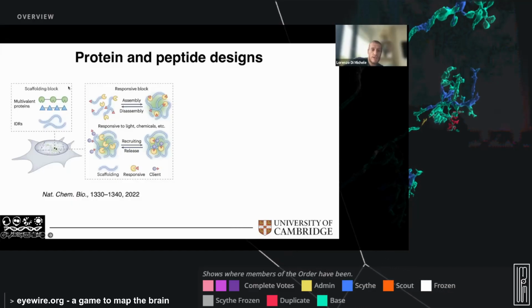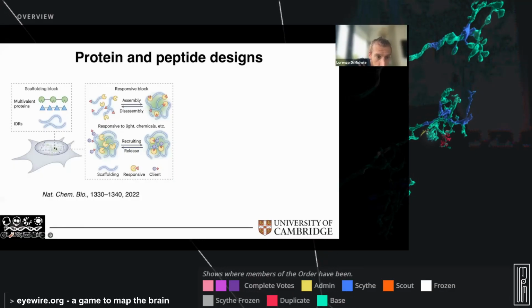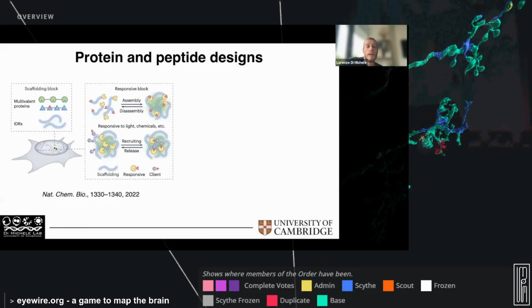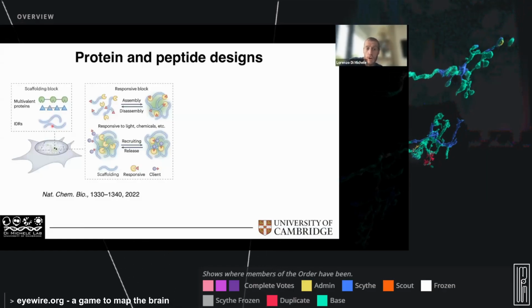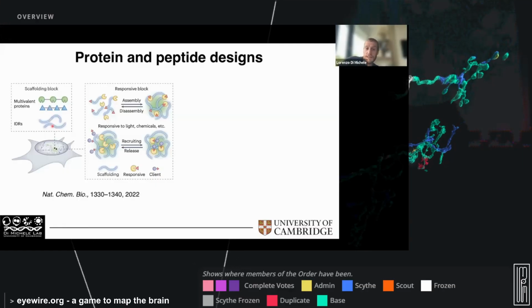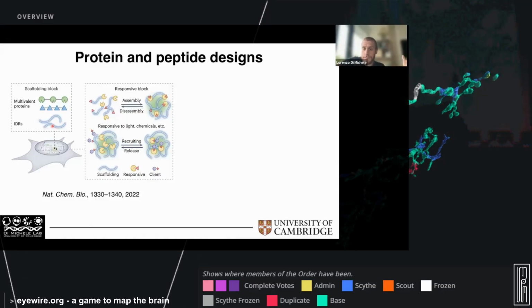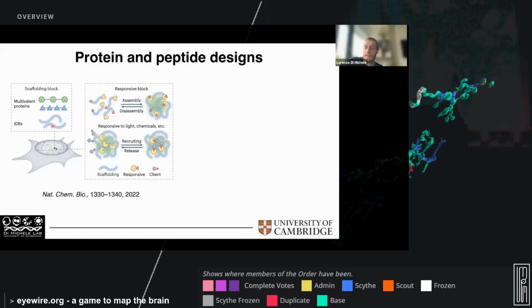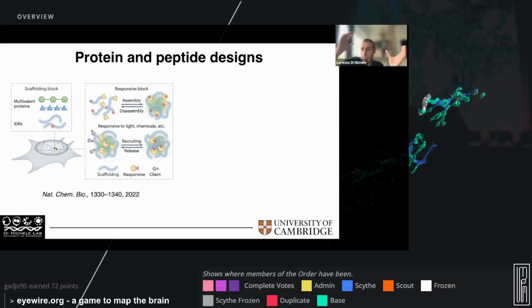The way in which you can achieve this, let me get a laser pointer here, in protein building blocks is generally one of two ways. So one of them, which is the most common one, is to use intrinsically disordered domains or intrinsically disordered regions. So these are disordered parts of the protein that interact in many ways, for example, through pi stacking, electrostatic interactions, hydrogen bonding, and these many weak interactions promote phase separation.